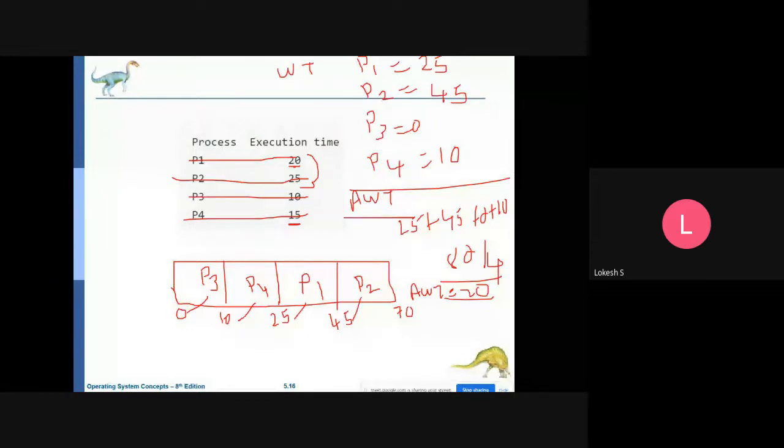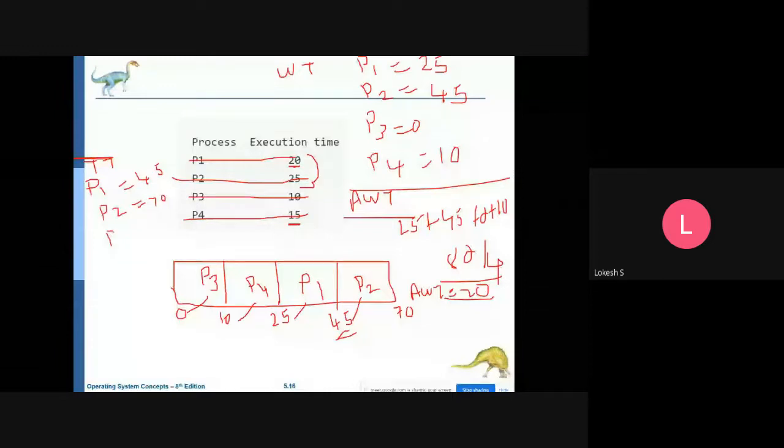Then you need to calculate the turnaround time. P1, when it completes its job, completes at 45. P2 completed at 70.